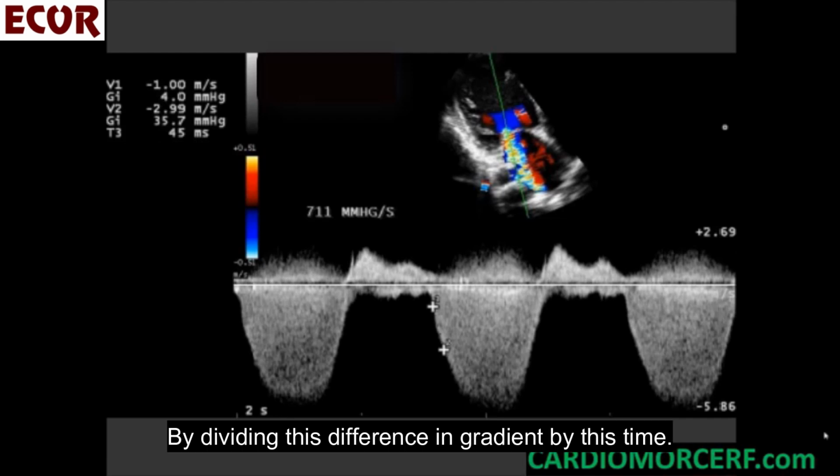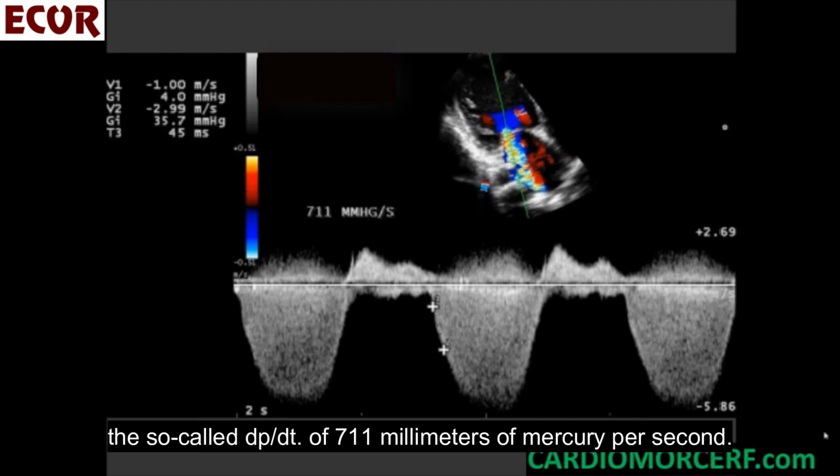By dividing this difference in gradient by this time, in this case 45 milliseconds, we have the so-called dP/dt of 711 millimeters of mercury per second.